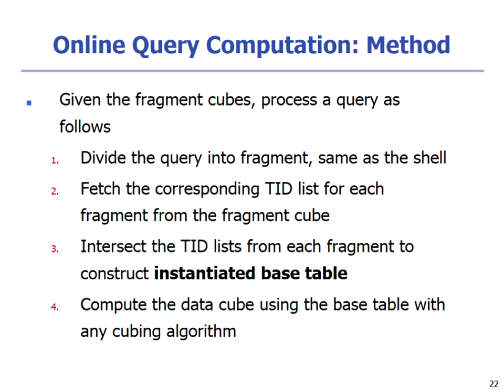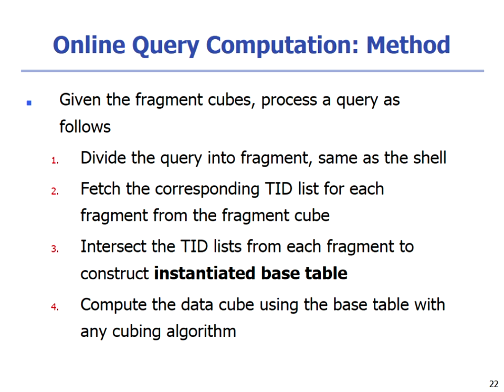Welcome. Let's move now to online query computation, the method by which we can do online query computation. Given the fragment cubes, process a query as follows. The first step is to divide the query into fragments, same as the shell.